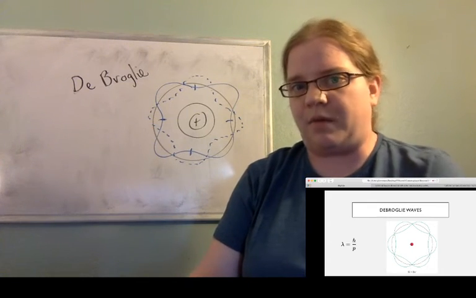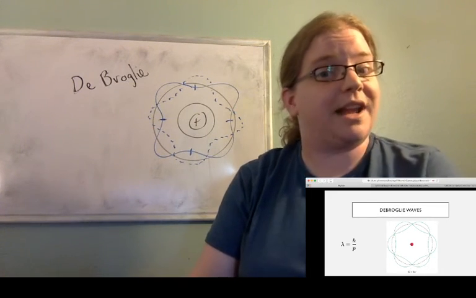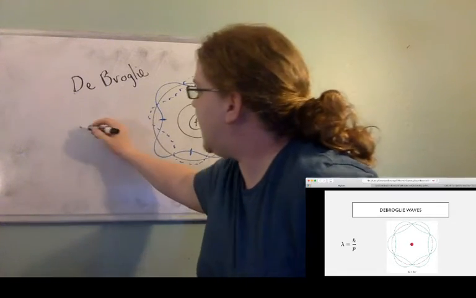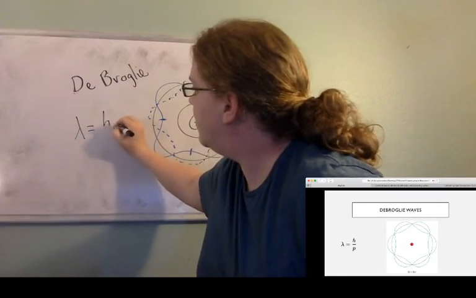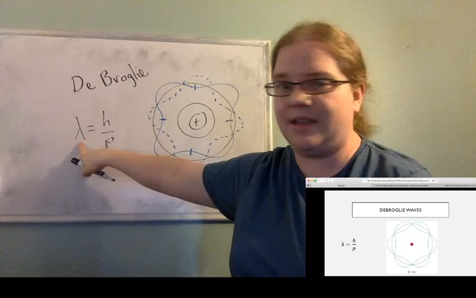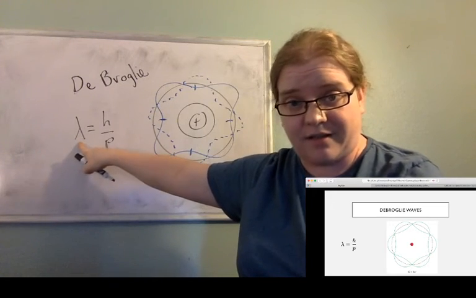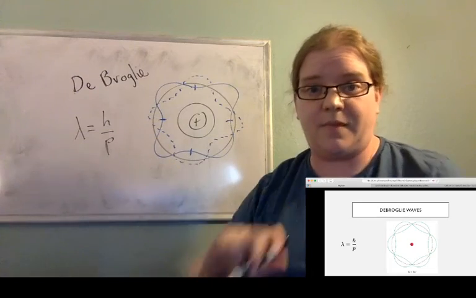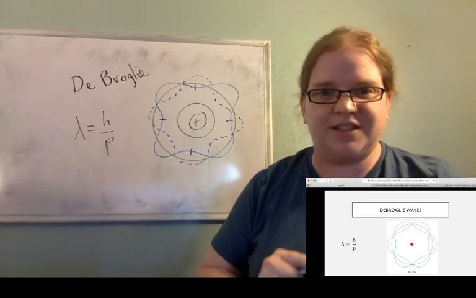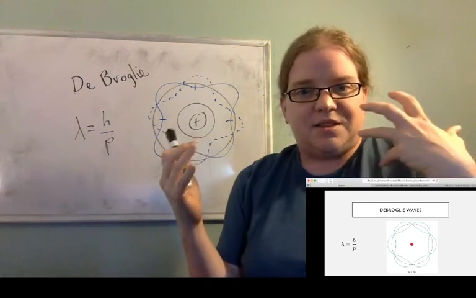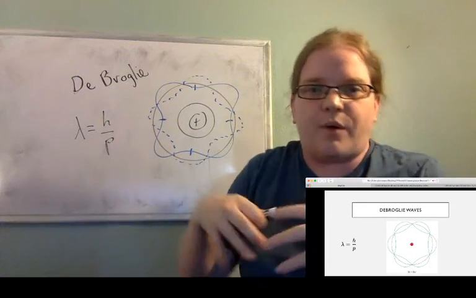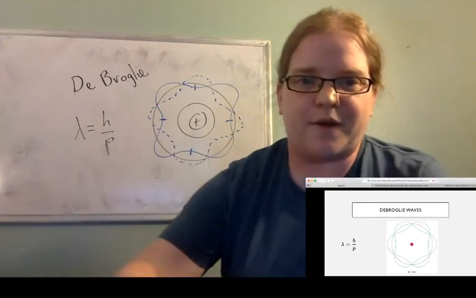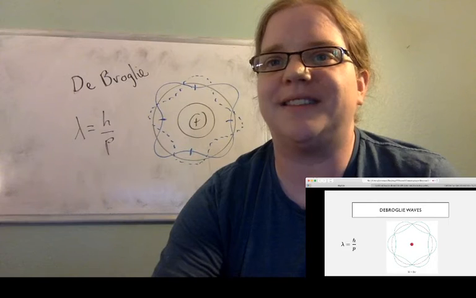And he was like, well, if that's true of light, maybe it's true of electrons. And so he said that you could relate the wavelength of the electron, what we normally think of as a particle, to the momentum of that particle. And so depending on how fast it's going or what orbit it's in, you'll have these different wavelengths.